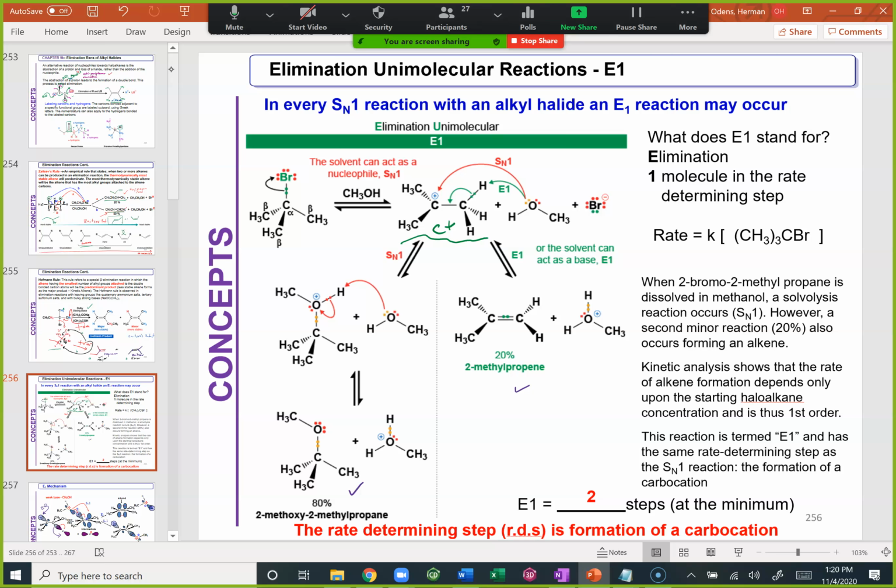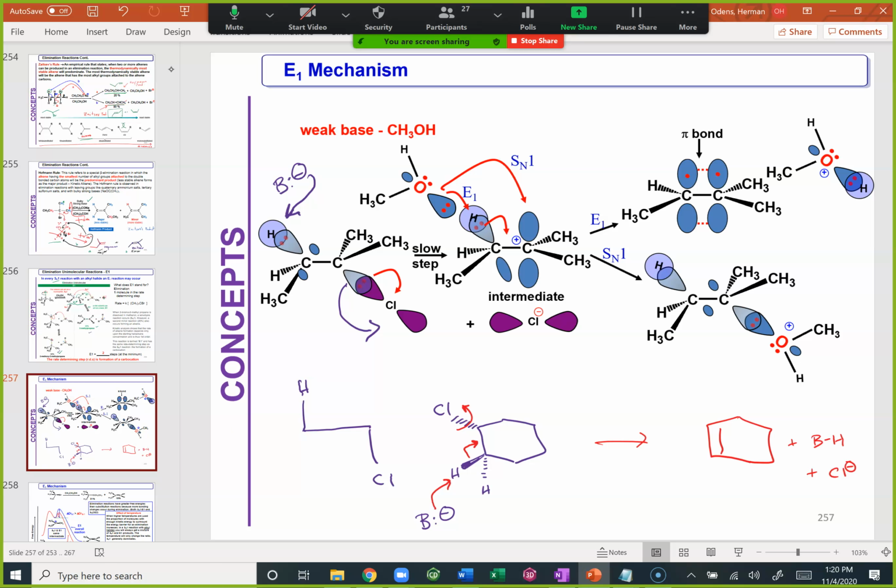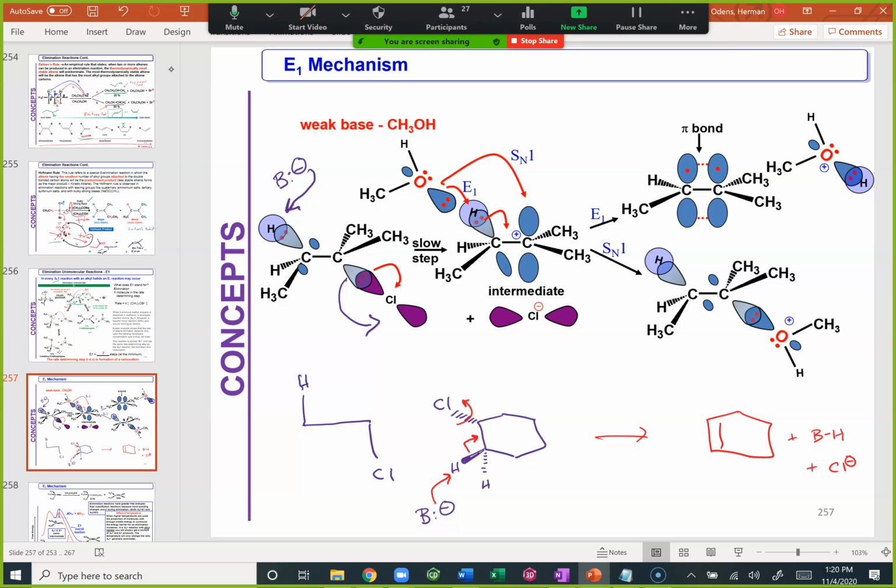Notice that the SN1 product is favored at 80%, and the E1 here is only 20% yield. So this slide just tells you that the SN1 will beat the E1. And so here is the mechanism for the E1.